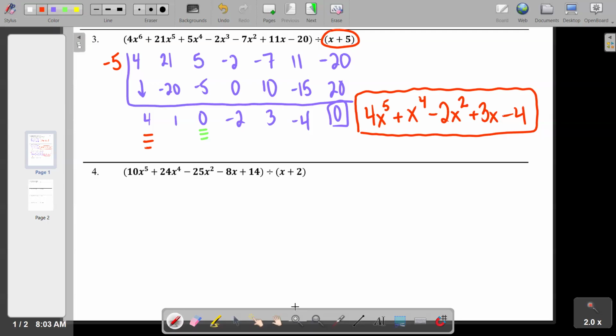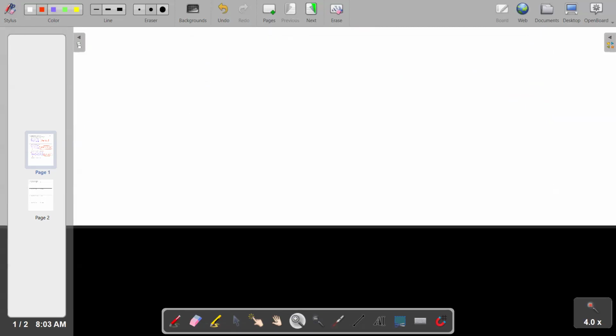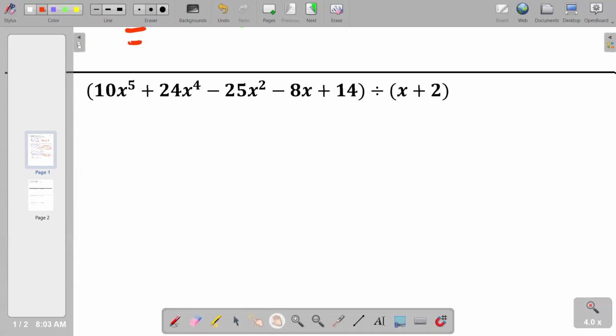Okay. Number 4, I have again hit you with a 0, but I put it in a different place this time. This time you'll notice that the scaffolding is off. When you look at your original exponents, they go 5, 4, 2. So you can plainly see that right there, there's a void.